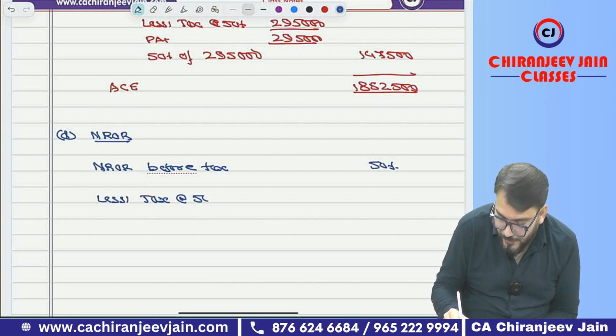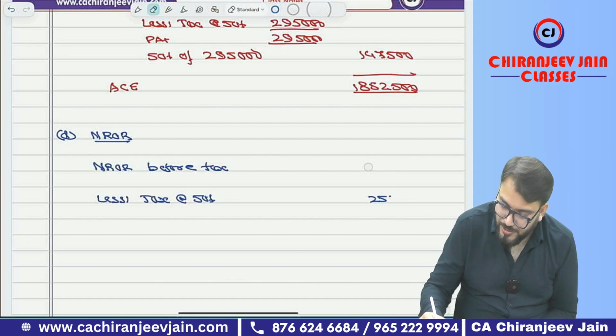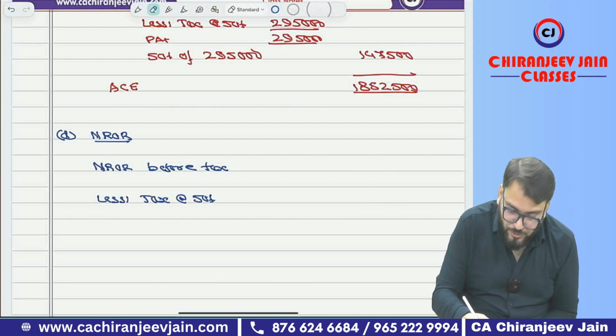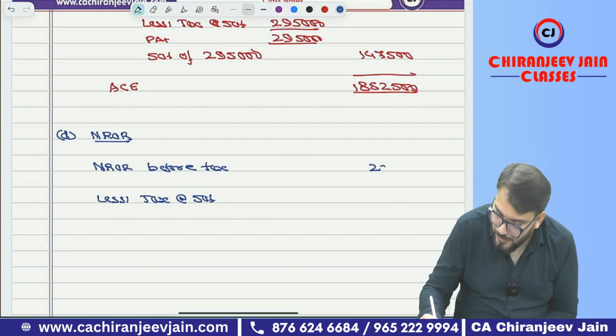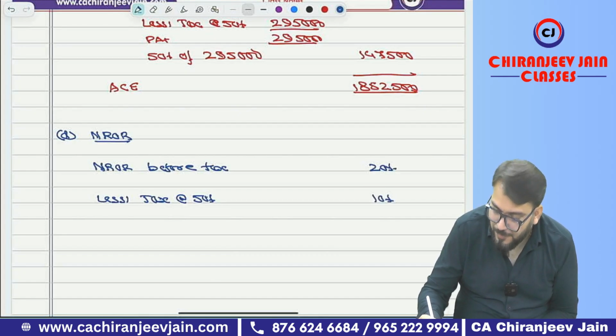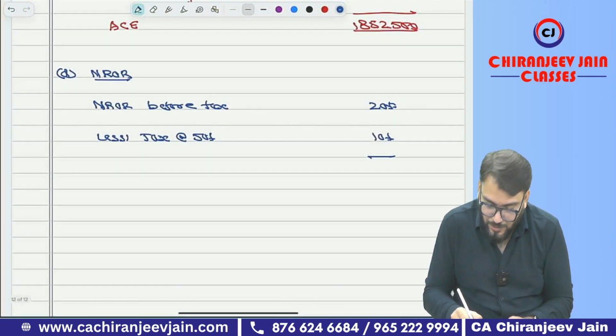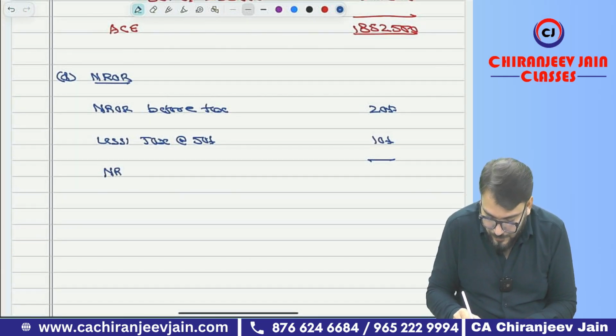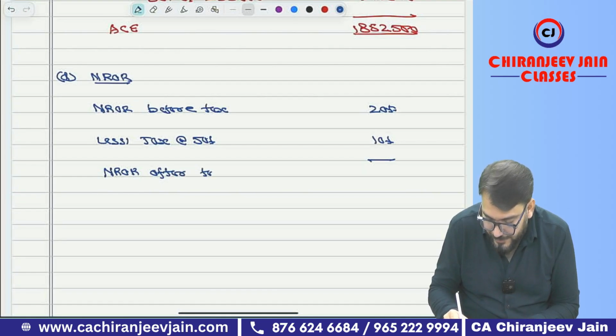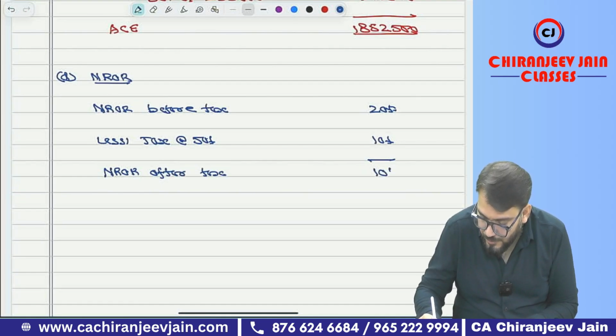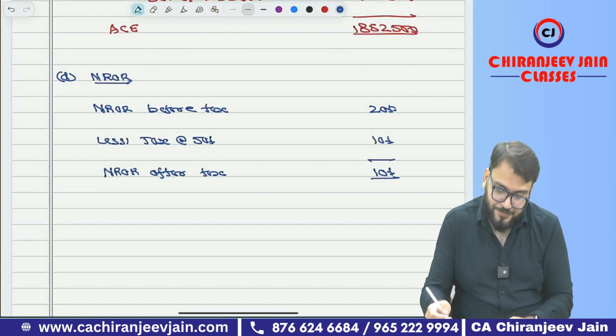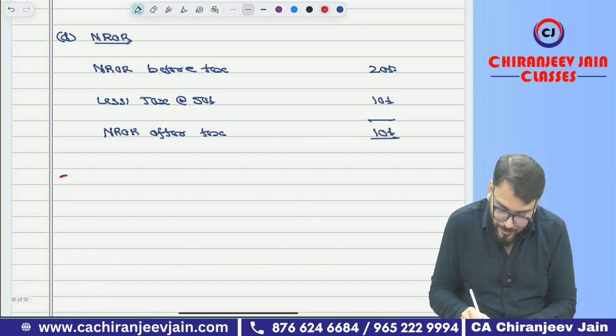ROI is given 20%, my mistake, and less tax at 50% is 10%. So your NROR after tax is equal to 10%.